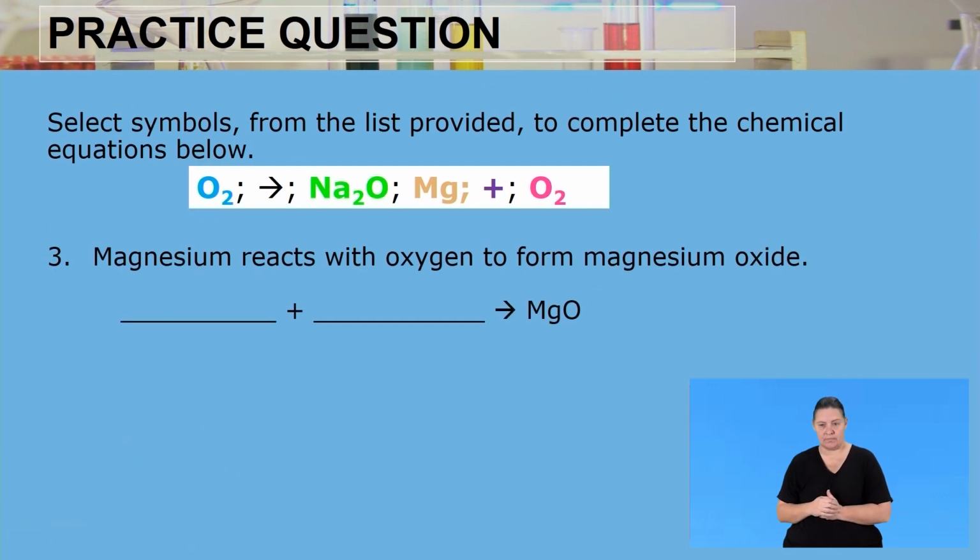Our next question is still a continuation of that first question, whereby we are still selecting from the list that is provided in order to complete the chemical equation given to us. We are told that magnesium reacts with oxygen to form magnesium oxide. From this list, we know that magnesium has a chemical symbol of Mg, capital M and small g.